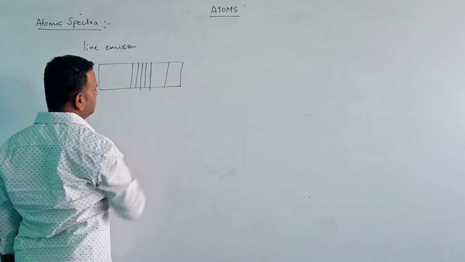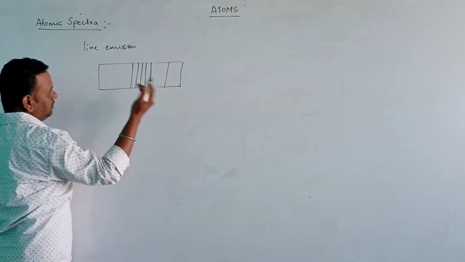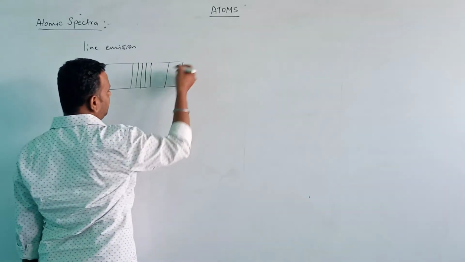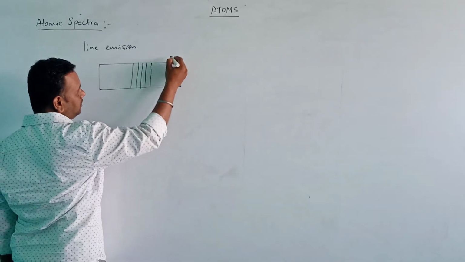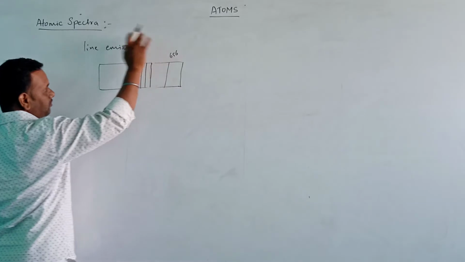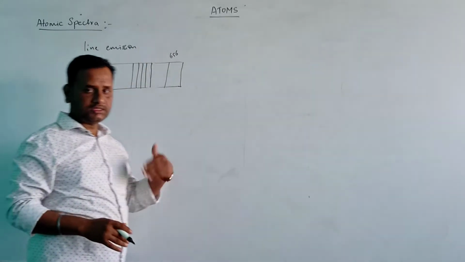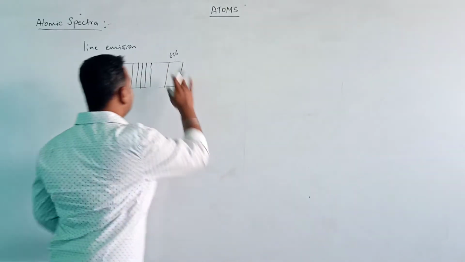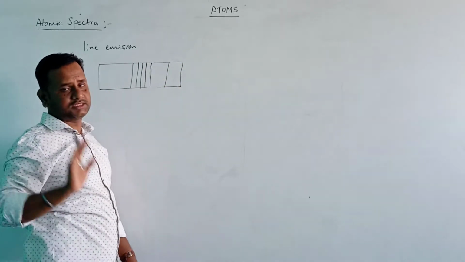So the first line will have a wavelength of 656, next 486, next 434, and so on. I am telling you this as an example.